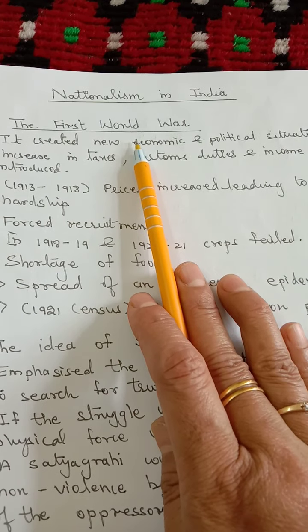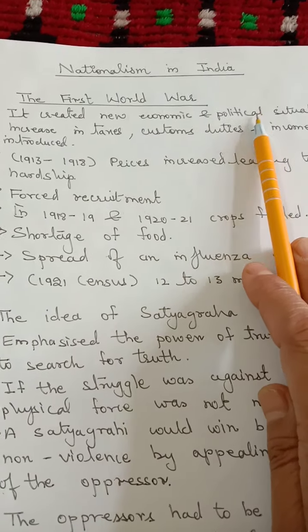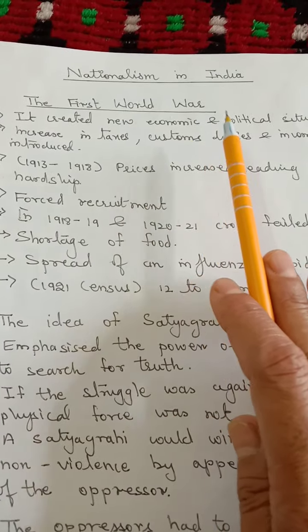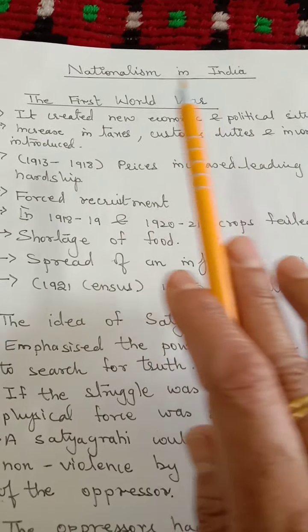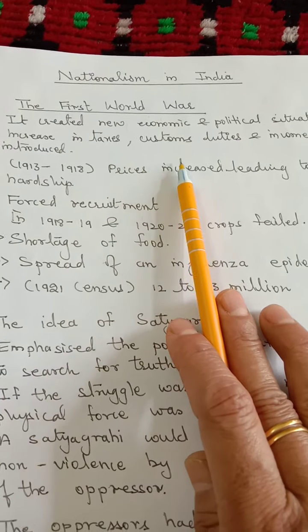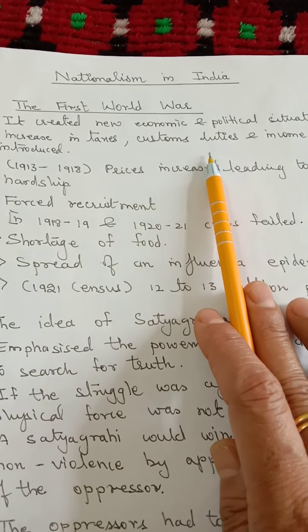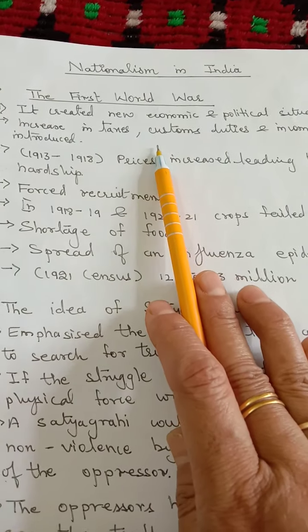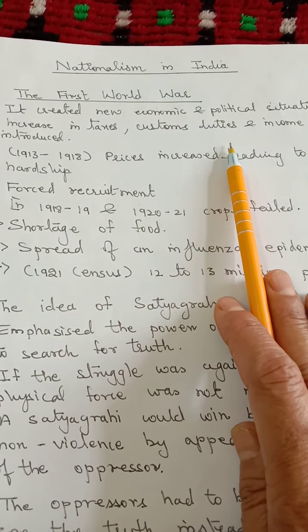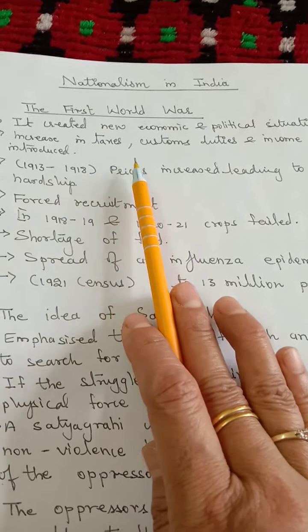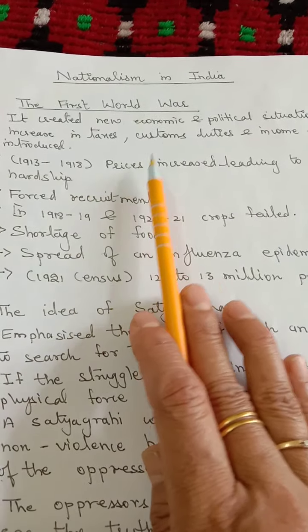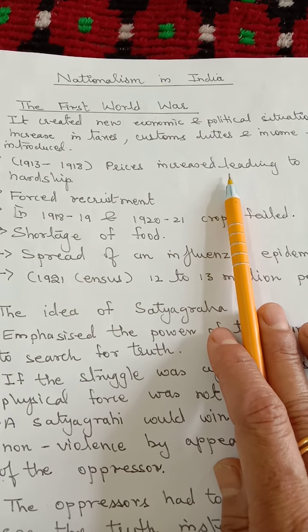Not only this, India was a colony of the British, and the British exploited Indians economically, socially, and culturally. And that is why it was a very big task to unite all these regions and to develop the feeling of nationalism to make India free from British rule.